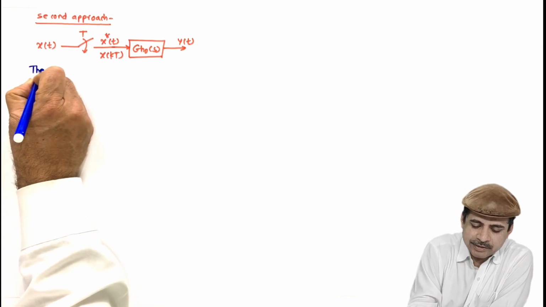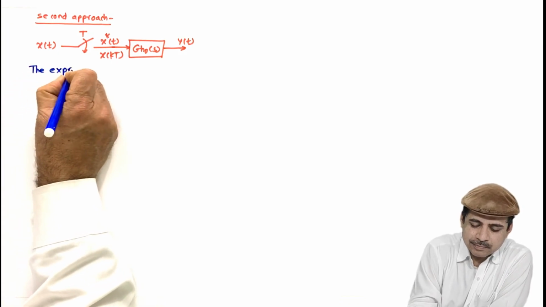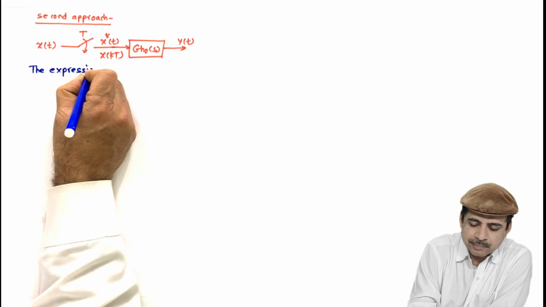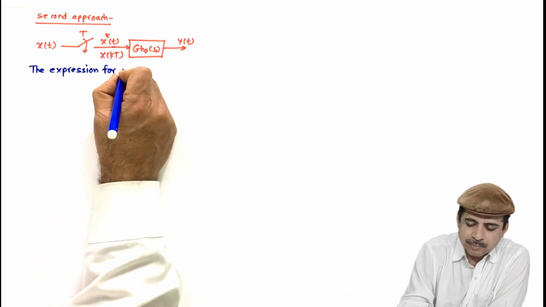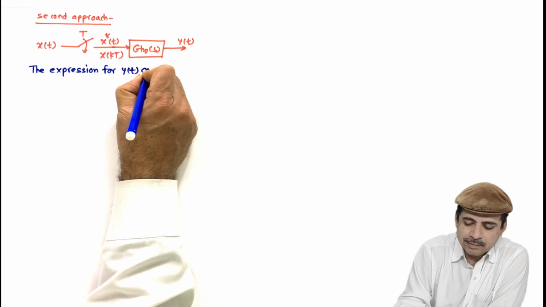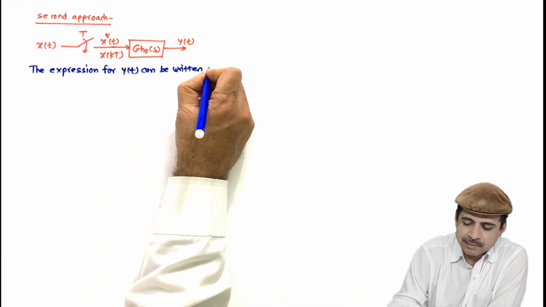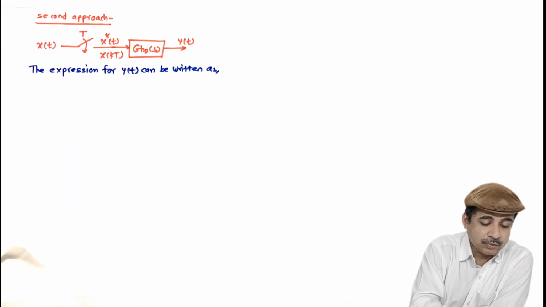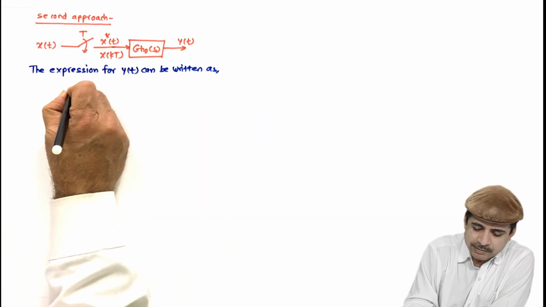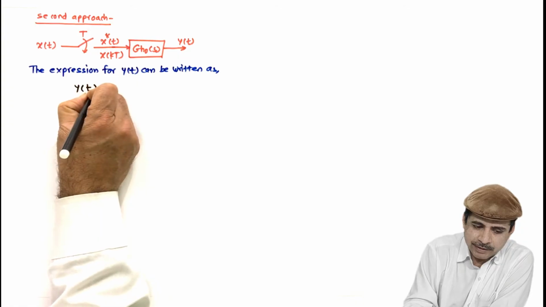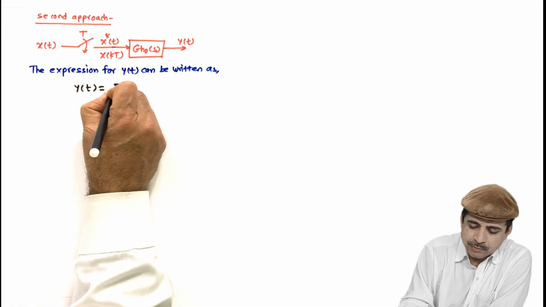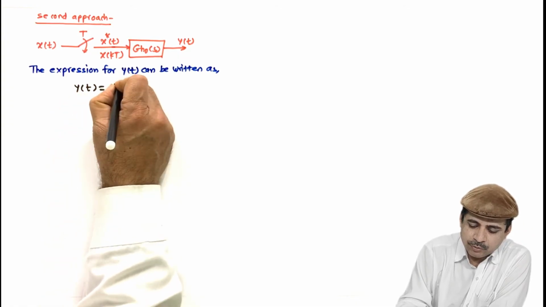So the expression for y(t) can be written as, we will do it by convolution sum. So it is y(t) equal to summation k equal to 0 to infinity.